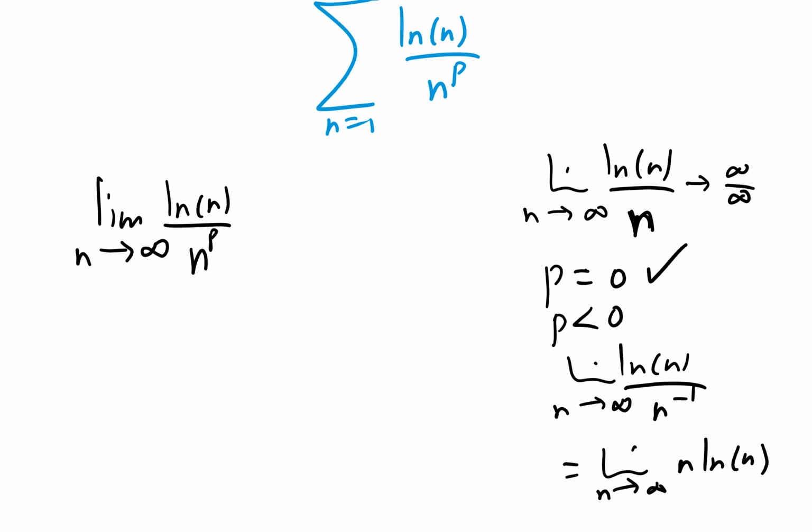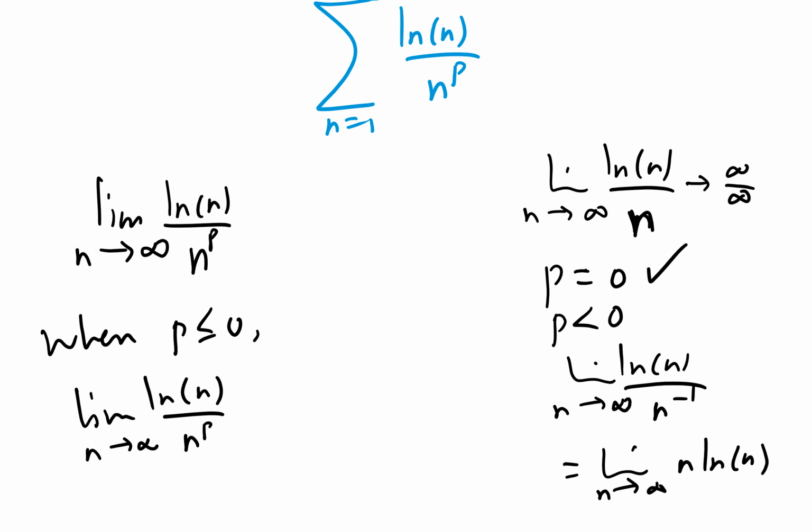So when p is less than or equal to 0, the limit of ln n over n to the p as n goes to infinity is infinity. So it diverges. This one diverges for p less than or equal to 0.